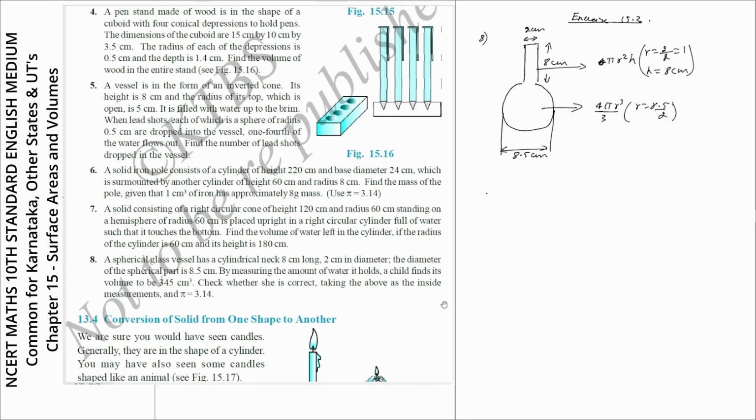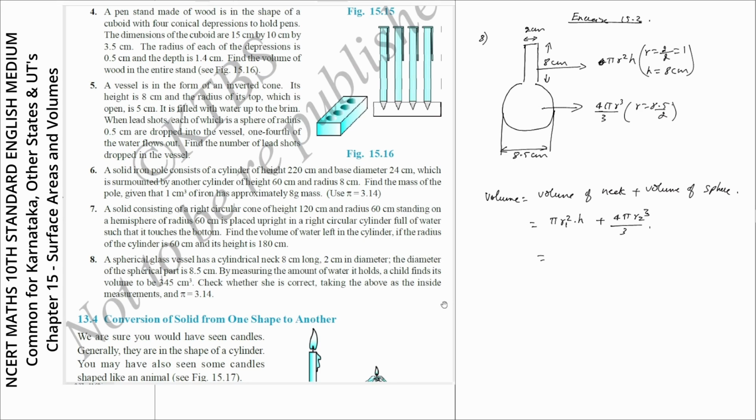So volume is equal to volume of neck plus volume of sphere. What is the volume of neck? That is pi r square into h. I'll take this as r1, plus volume of sphere, that is 4 pi r2 cube by 3.